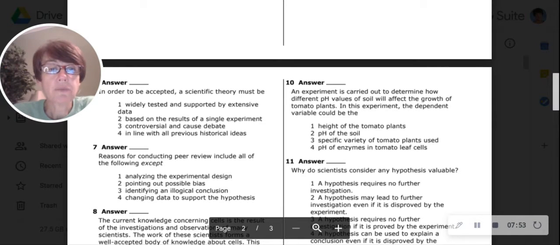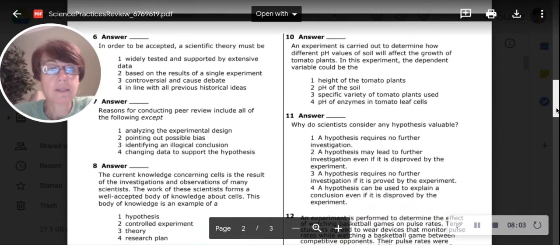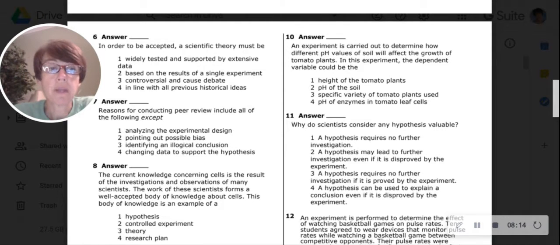Number 7, reasons for conducting peer review, the report repeat part of the scientific method, include all of the following except. So we want to pick the one that does not apply to peer review or to repeating our experiment and reporting our results. Analyzing the experimental design. So do our peers take a look at how we design the experiment?